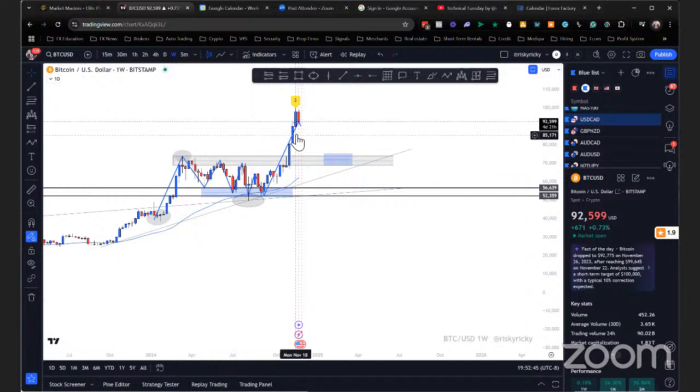I actually posted about this, I want to say last week, where my projection is that it's going to reach somewhere around the 100K level, which is a psychological level, as is anything with major zeros. 100,000 is a major psychological level where buyers will hold their Bitcoin until there and then they will sell off.